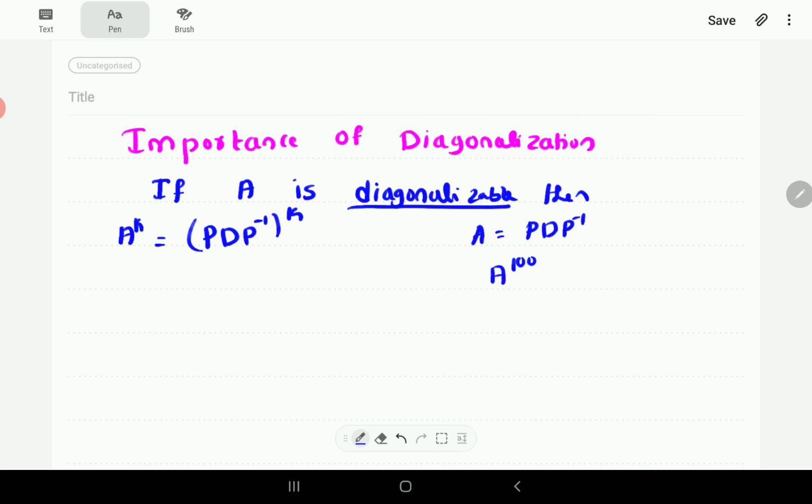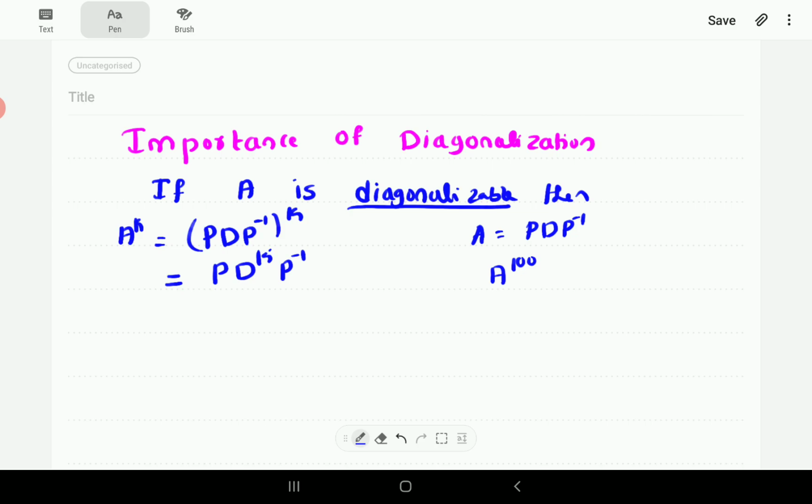No, not really. Using the properties of matrix multiplication, it reduces to P D to the power k P inverse. So in short, we are actually just calculating D to the power k.